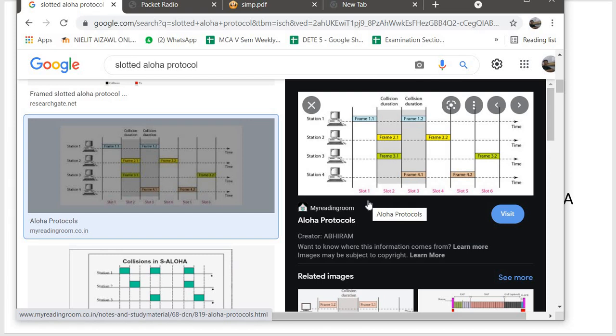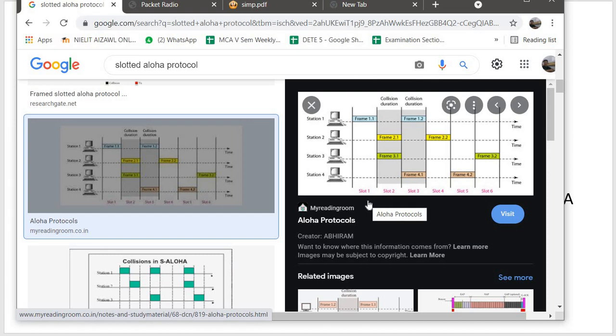Okay, in this slotted aloha, what improvements do we have as compared to pure aloha? An improvement of the original aloha protocol. This is the pure aloha, which introduces discrete time slots and increases the maximum throughput.